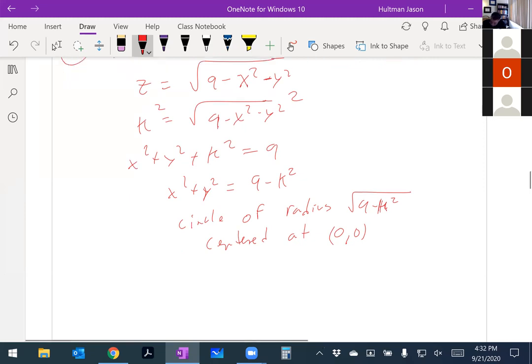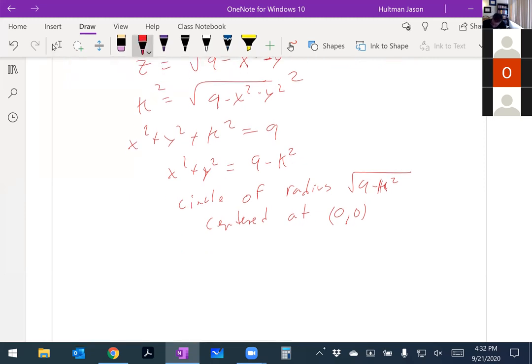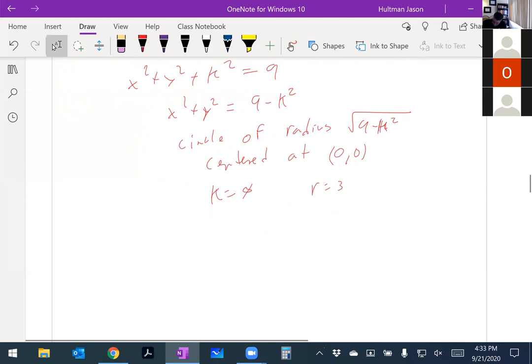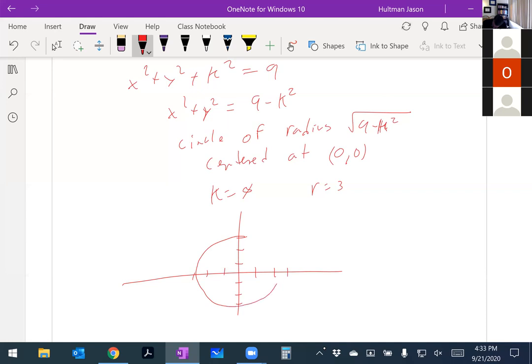So let's see what happens when we let k equal 0. Well, r is equal to 3. So as k varies from 0 up to 3, we get a nice circle each time. Go back. Let's get rid of this guy.